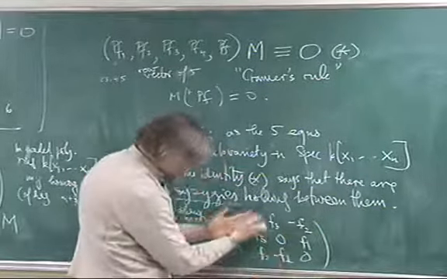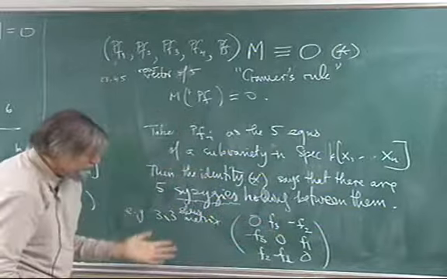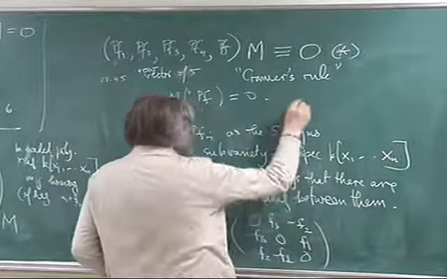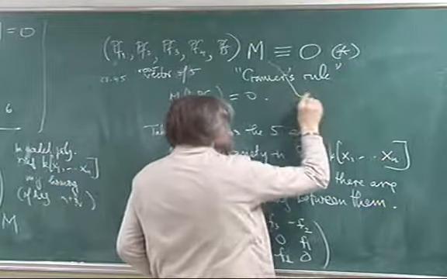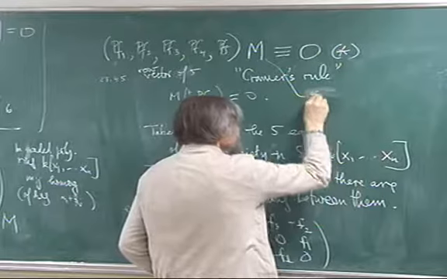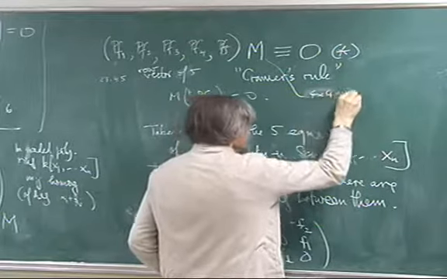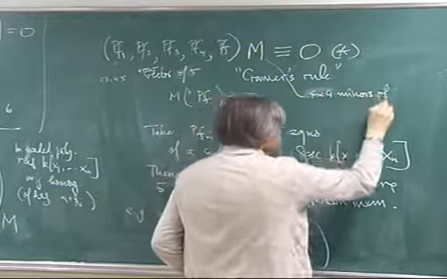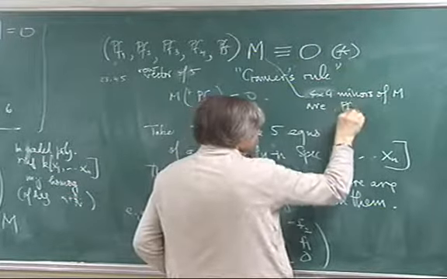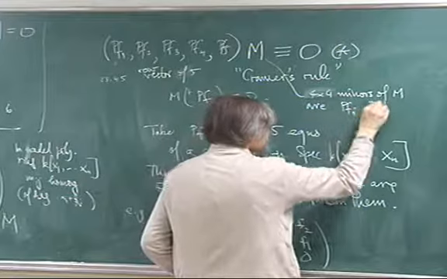It's F3 squared. So in general, the 2 by 2 minors of M are f_i times f_j.